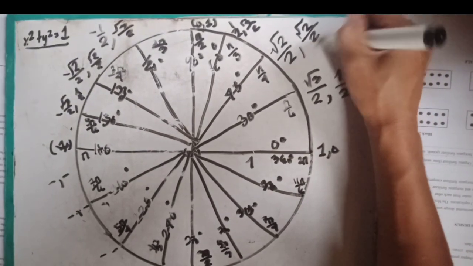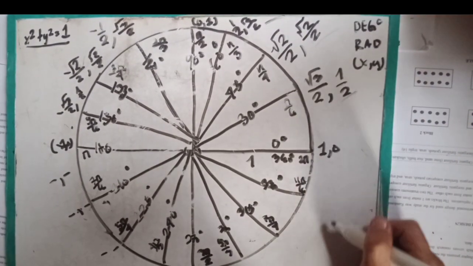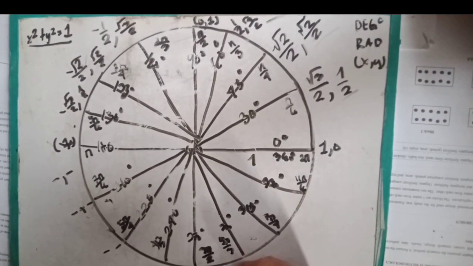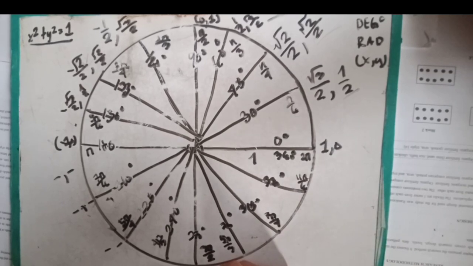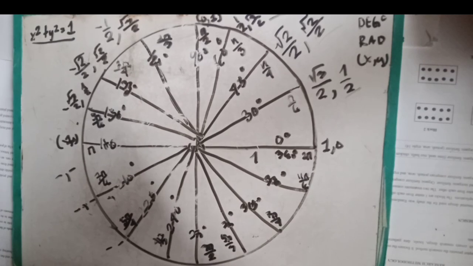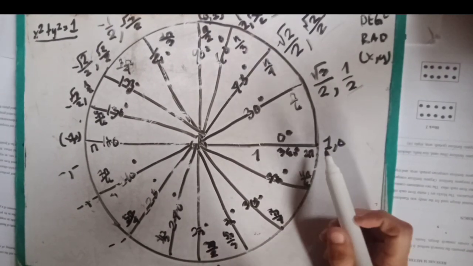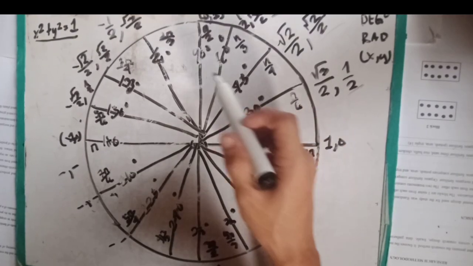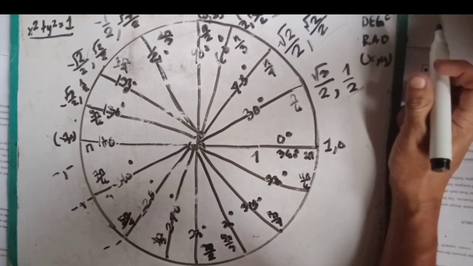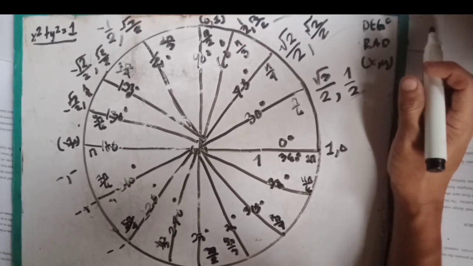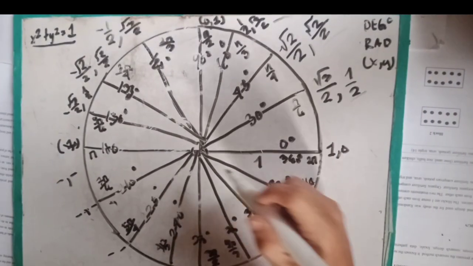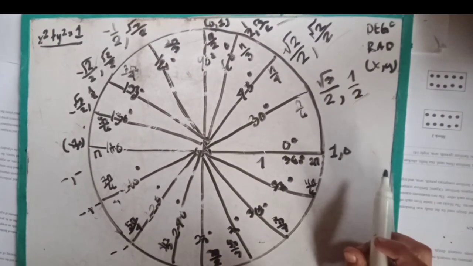I will not write here, but I must understand that in this quadrant the y will be negative. So that is the unit circle. The unit circle is very essential when it comes to trigonometry, so we must remember or familiarize ourselves with every value of degrees, radians, and x and y coordinates, because when we are doing trigonometric function graphs, it is very useful to know the unit circle. So that's all.